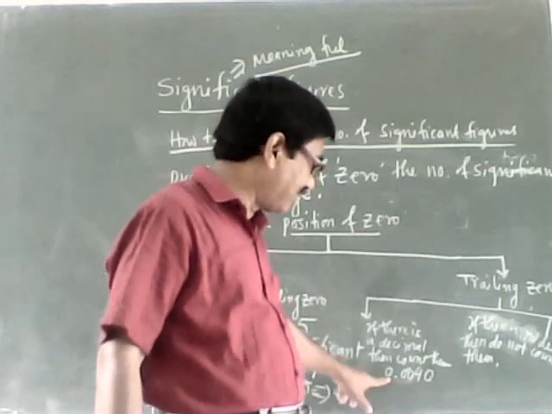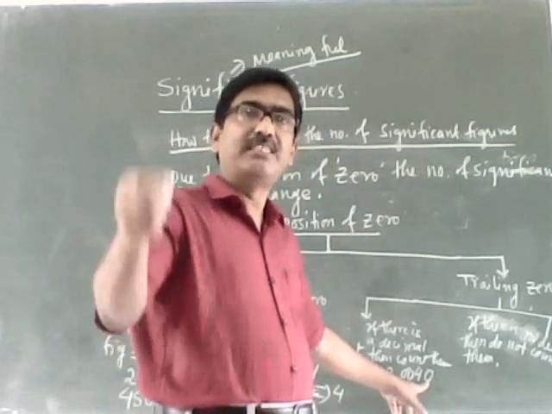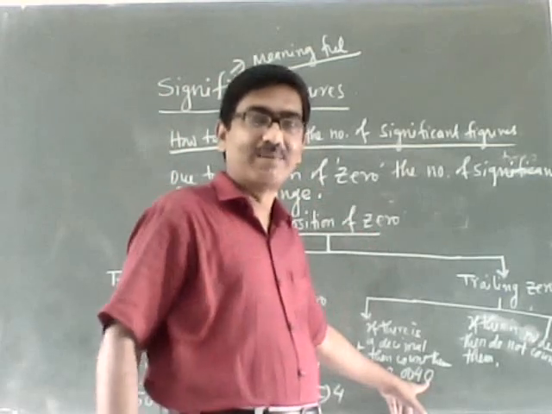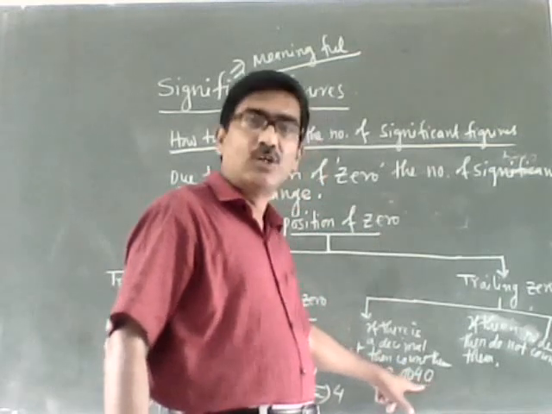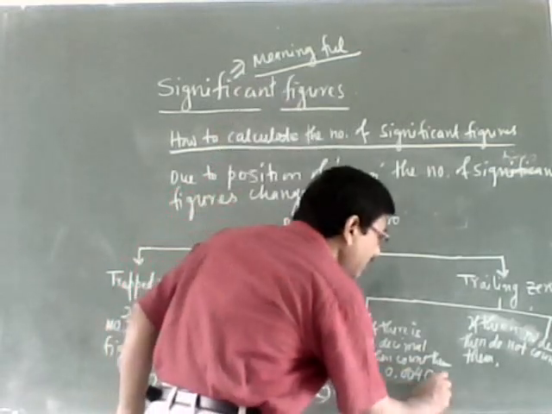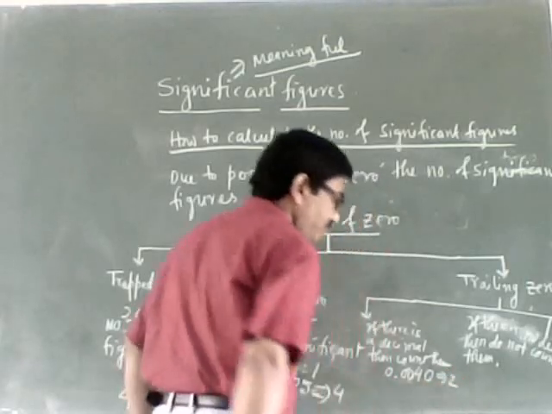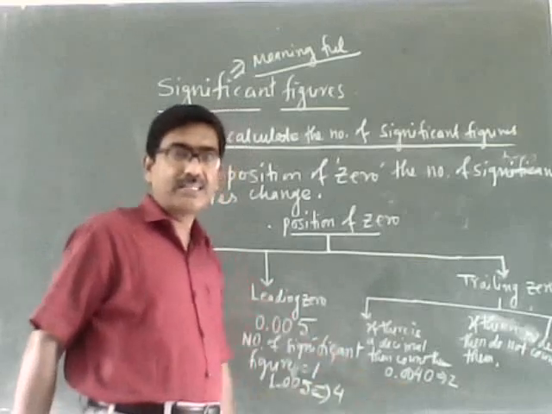Trailing zero is significant if there is a decimal. Then what will be the number of significant figure here? 2. So number of significant figure is 2. Is it clear?